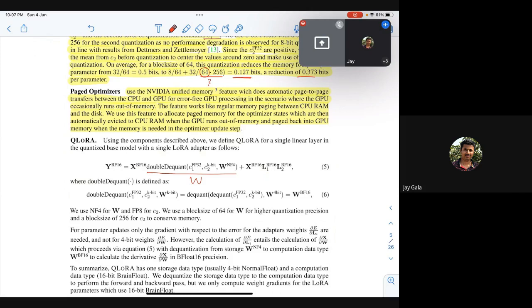So when you do the operations, you need to map it back to 16 bit, so you do a double dequantization. And next you again have the brain float 16 input, and you have these adapter parameters which are 16 bit, which are L1 and L2. So this is how you do it.